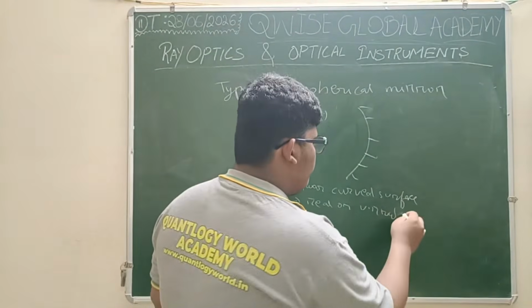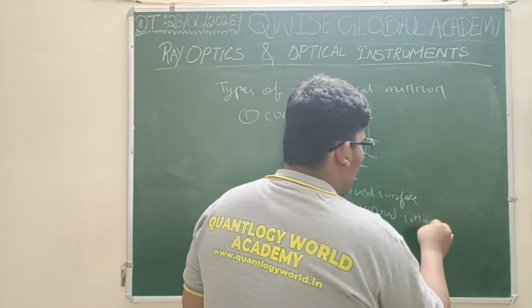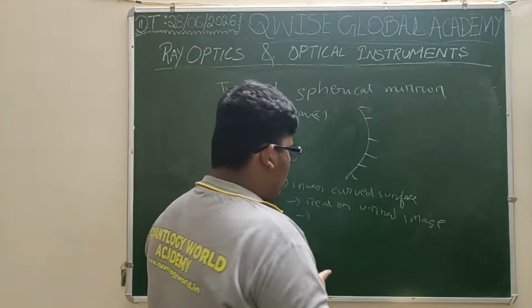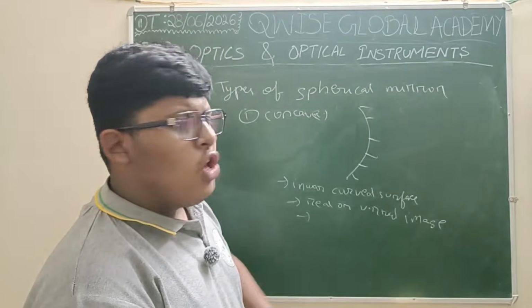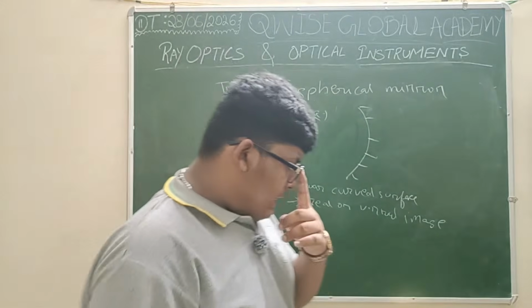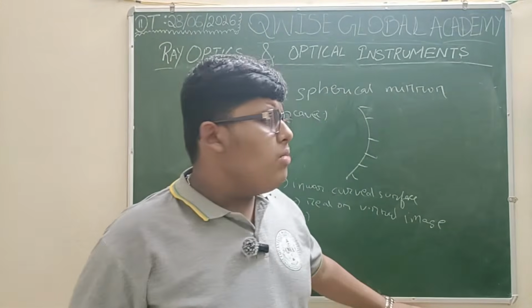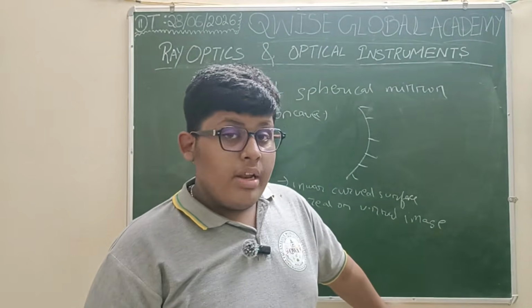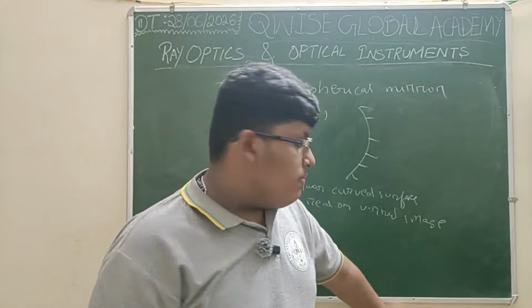We'll go to that. And applications, we can say it is used in torches or telescopes. And dentist mirror is a good example of concave mirror, or shaving mirror is also a good example of concave mirror.